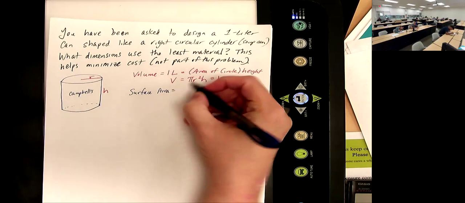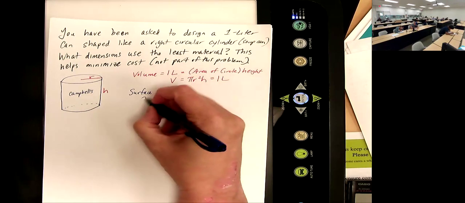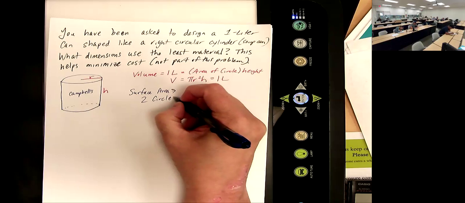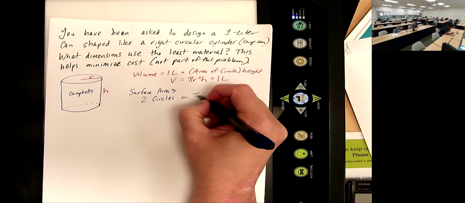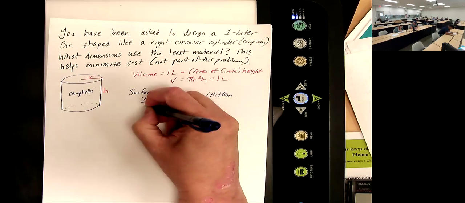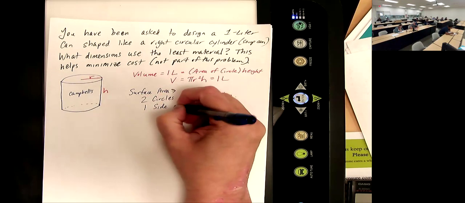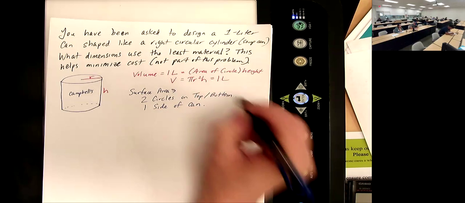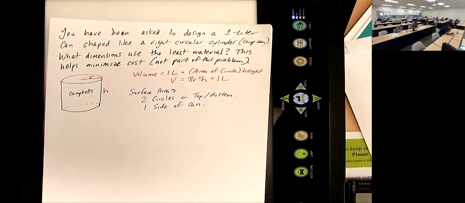So like the surface area, we have the 2 circles on top and bottom, and we have the side of the can. It will be a rectangle, yeah.